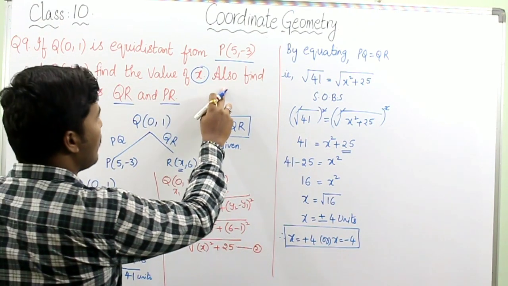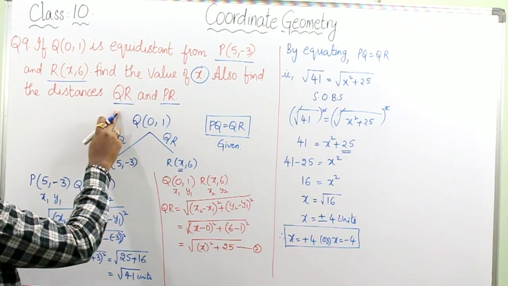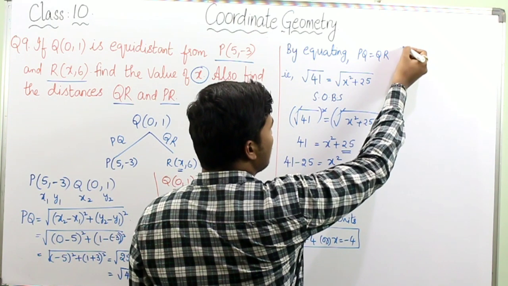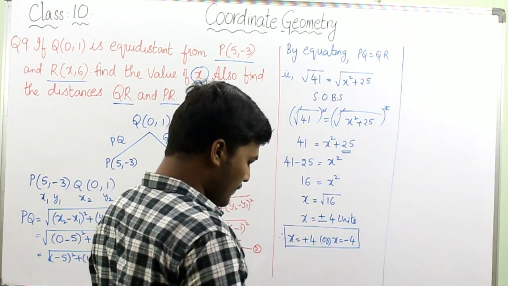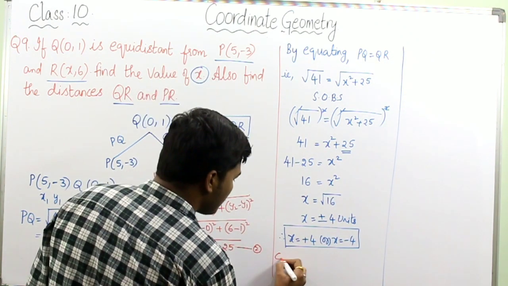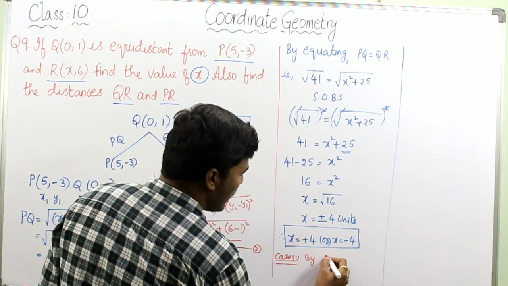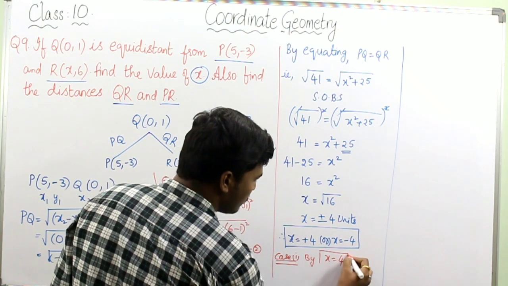So now we also should find out the distances QR and PR. For that, let us consider case 1, by considering x is equal to 4.